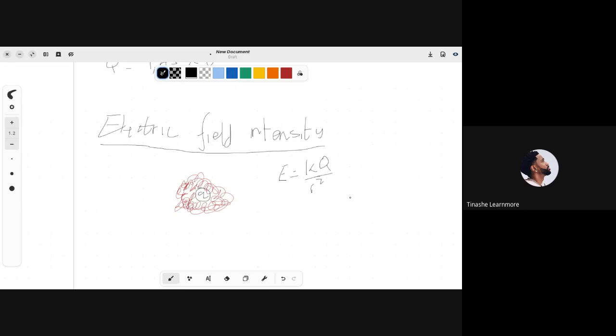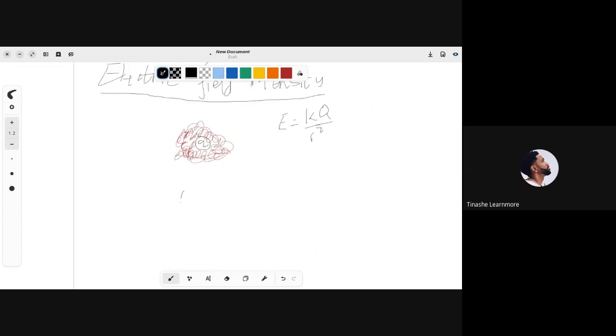So if we take this scenario of this Q and then around it, suppose I have maybe point X. Isn't E the electric field strength? It's the same thing as the intensity. I'd rather refer to it as intensity, just saying how intense it is at that point on its electric field.